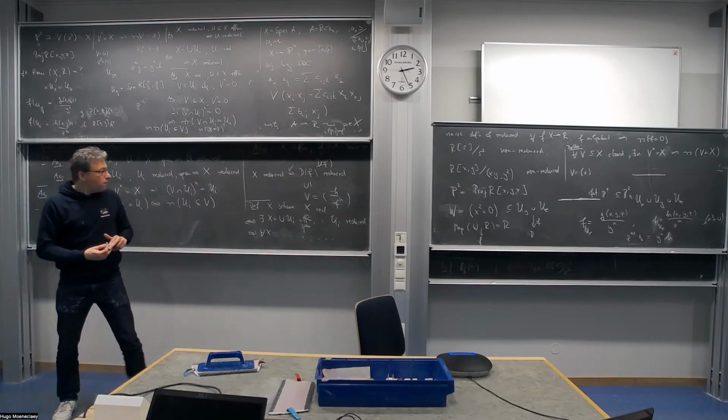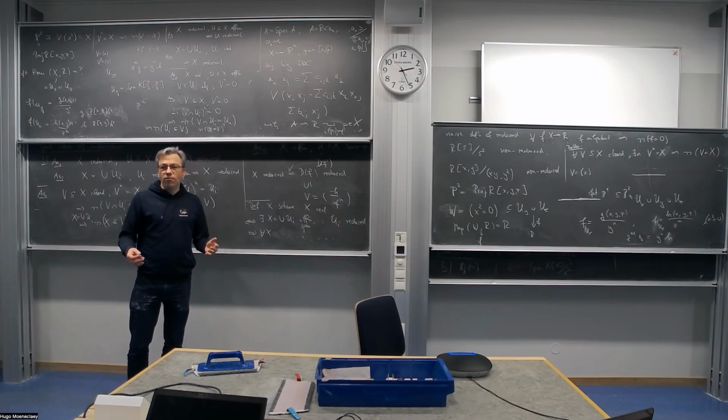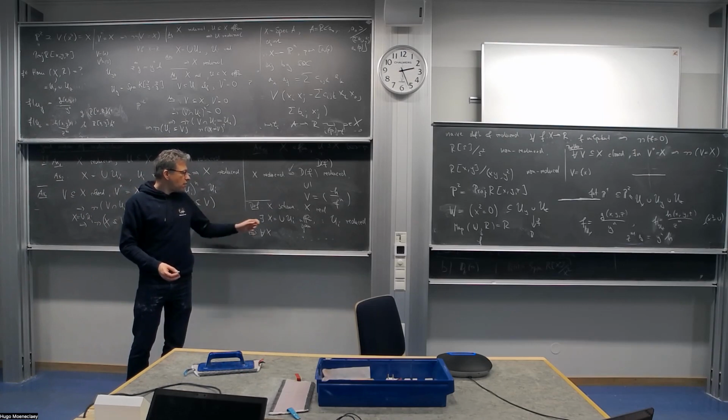And when X is a general type, then we may not have any interesting open cover. So it's unclear, and then of course also unclear what to choose.